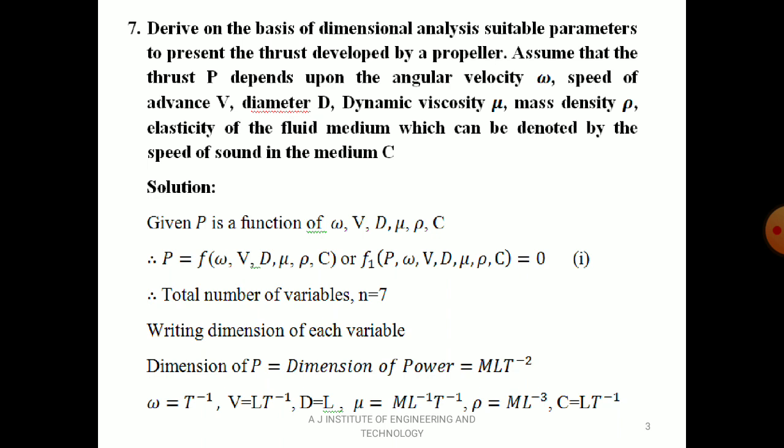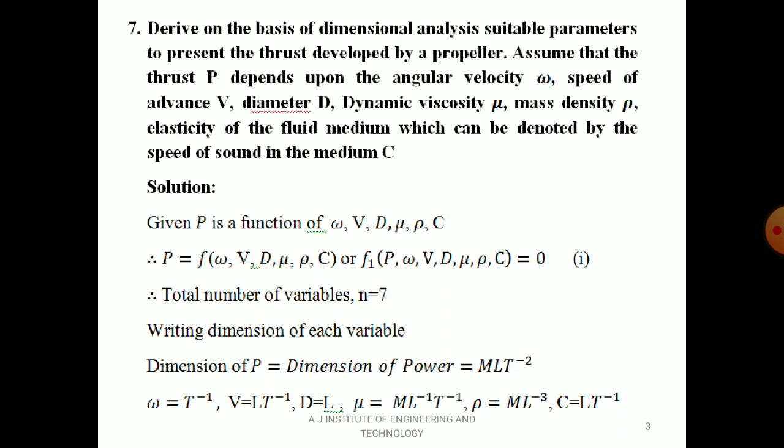Then the dimension of omega, that is radian per second, angular velocity. Radian has no unit, and second is the unit of time, which goes to the numerator as s to the power minus 1. So the dimension becomes T to the power minus 1. Then speed of advance, capital V, is a velocity, so its dimension is L T to the power minus 1.